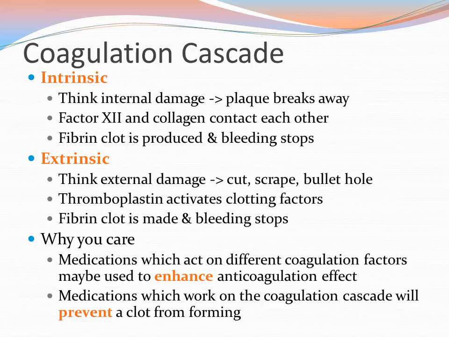The reason I'm not making you learn it step by step is I've honestly never felt it necessary as long as I knew generally what was happening. What I do want you to know, though, is that medications acting on different factors, so if you're using one that acts on factor 10 and one that works on factor 7, can be used concurrently to enhance the anticoagulation effect.